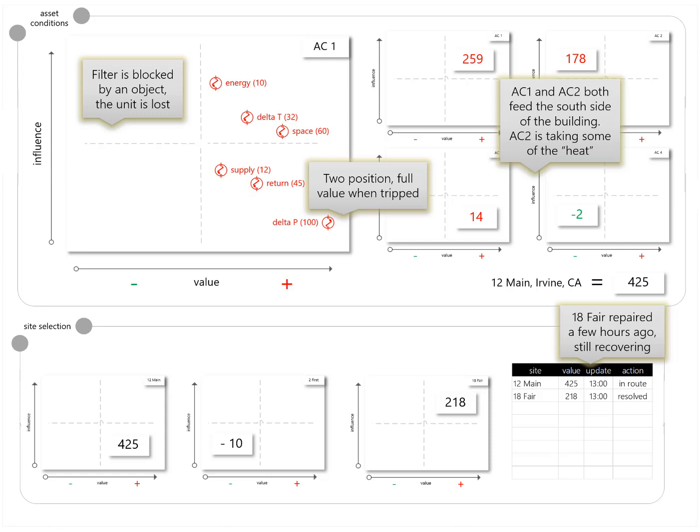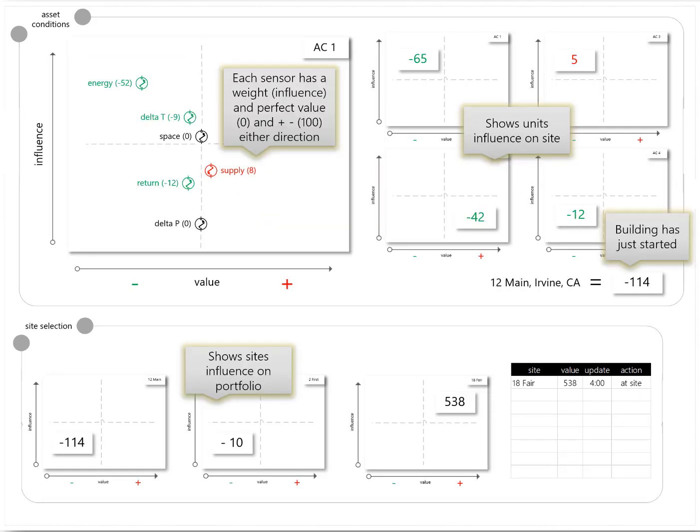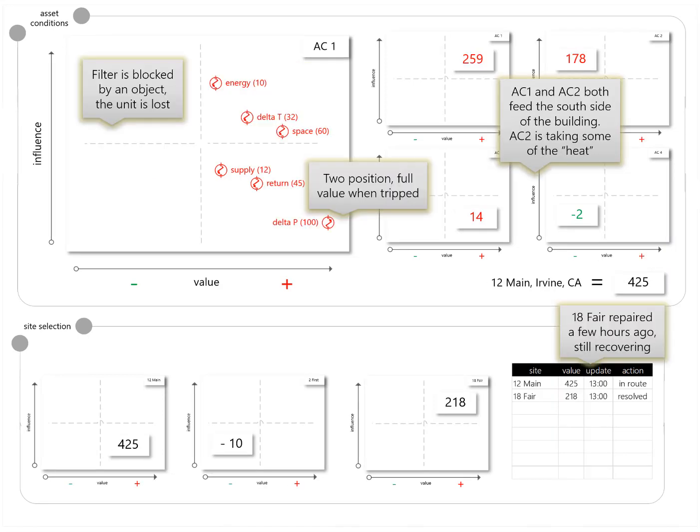AC2 happens to be running fine, but it's on the south side of the building right next to AC1, and it's taken a hit from the heat not being relieved by AC1. And you can see now that the 12 Main score is up to 425, where when the building started just 6 hours ago, the score was a negative 114.